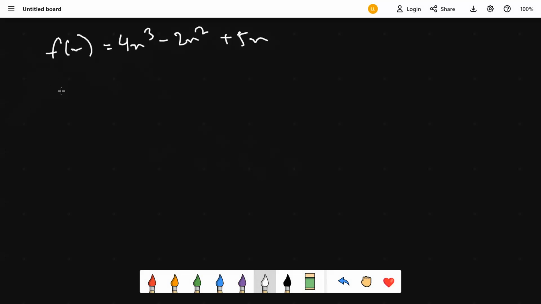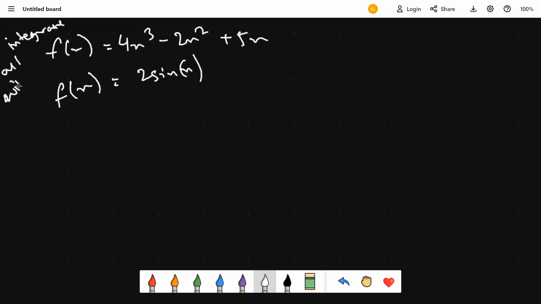The second one is f of x equals 2 sine x. Integrate all of them with respect to x.